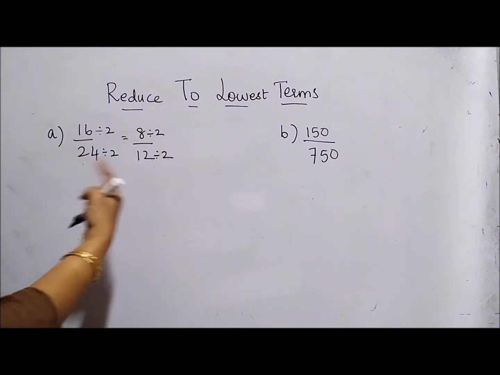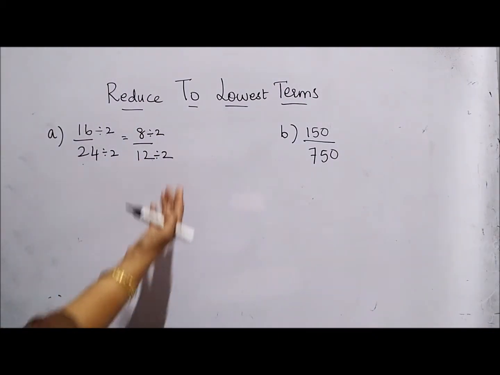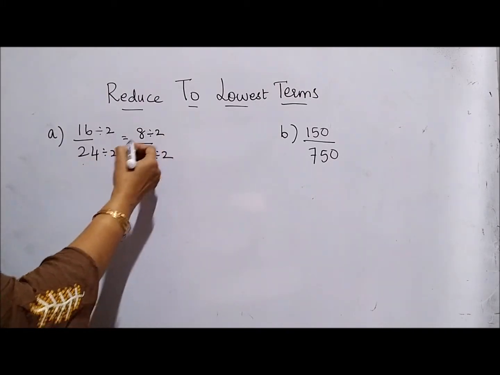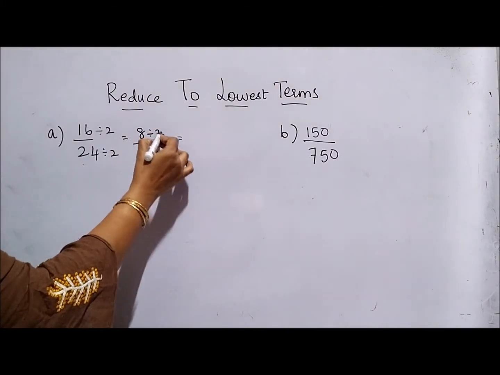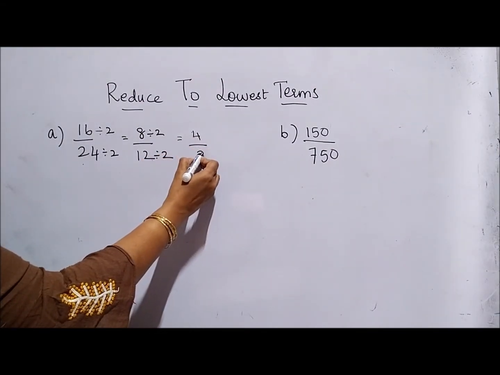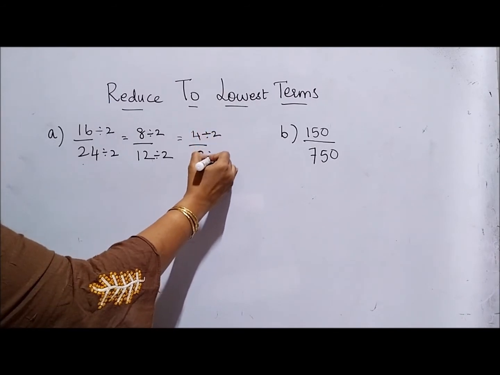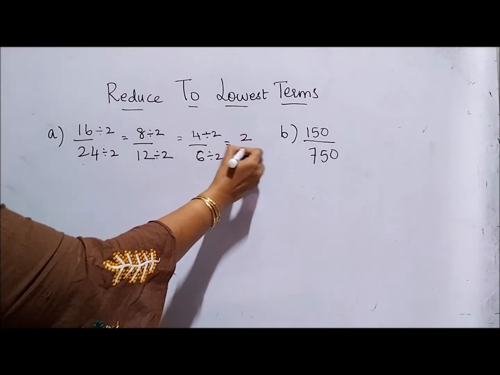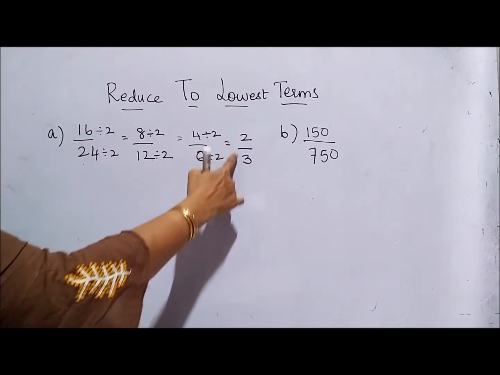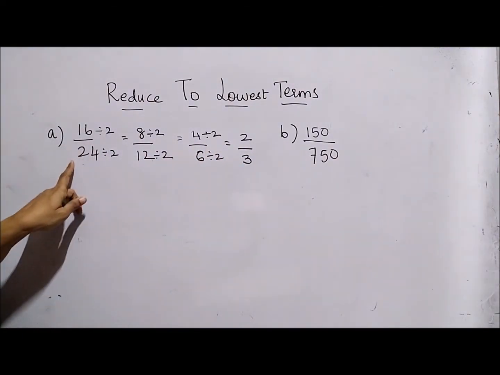In equivalent fraction, we multiply to get the larger number. Here we are dividing by the same number. 8 by 2 is 4 by 6. Now again both are even numbers. 2 by 3. Now there is no common term. We will stop with this. This is the lowest term of 16 by 24.